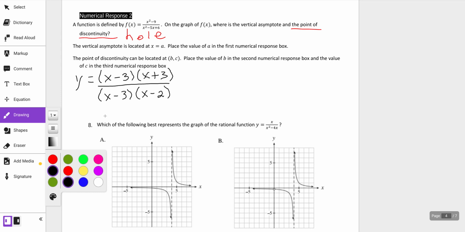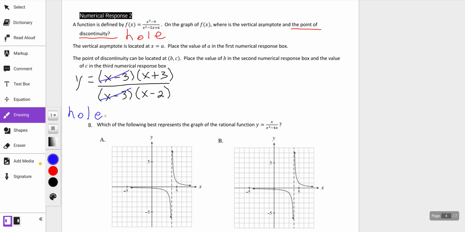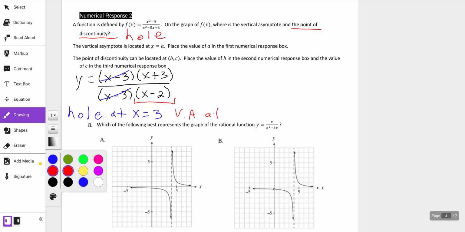Looking at this, I will have a hole at x equals 3. The vertical asymptote will be at 2, because that one didn't cancel out.